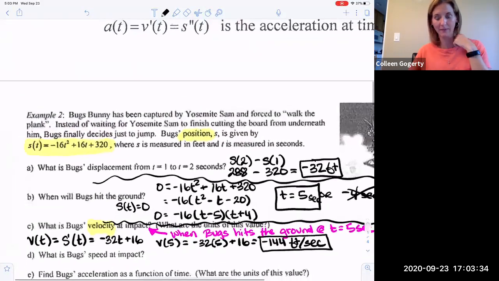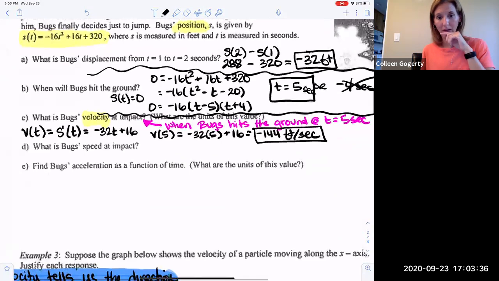Okay, what does it mean that there's a negative? What's his velocity? Okay, now this is different than asking you what's his speed, right? Remember, velocity gives us the motion and direction. So we can now say what -144 feet per second means is that Bugs Bunny was traveling 144 feet per second down.